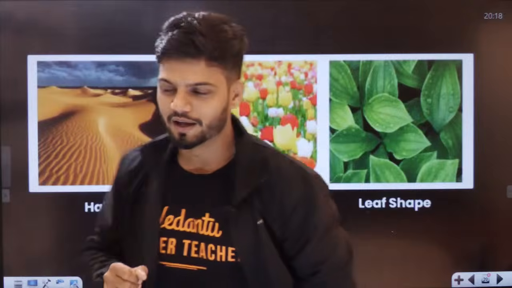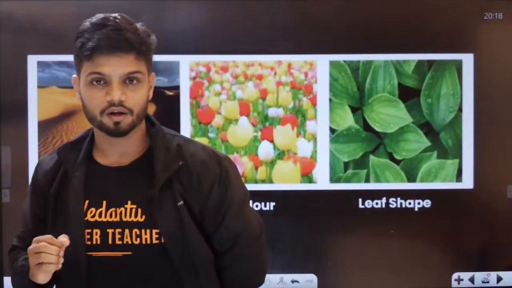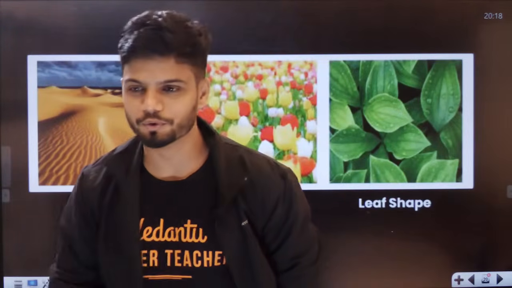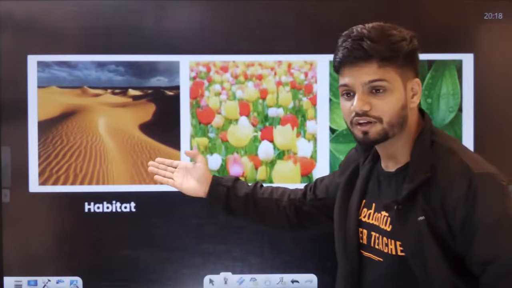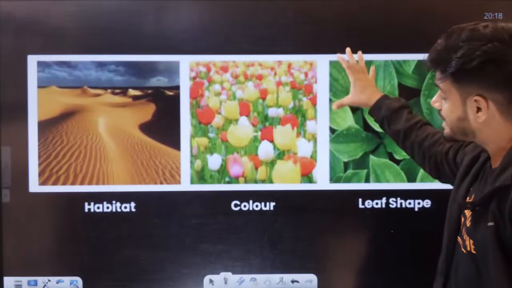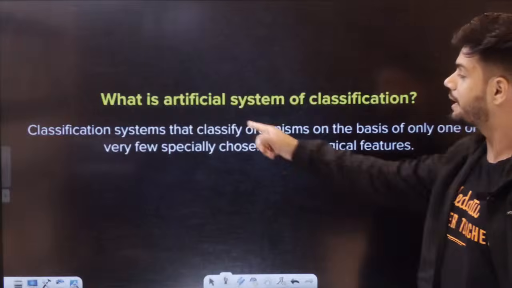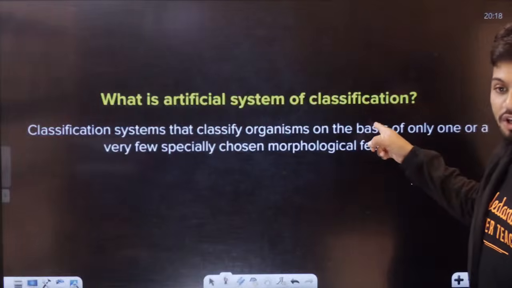If you classify plants just from the outside, is it artificial or natural? It is not natural. Natural is truly from the heart. So classification based on external morphology is called the artificial system of classification, students.